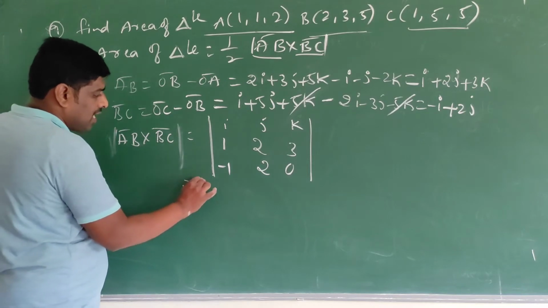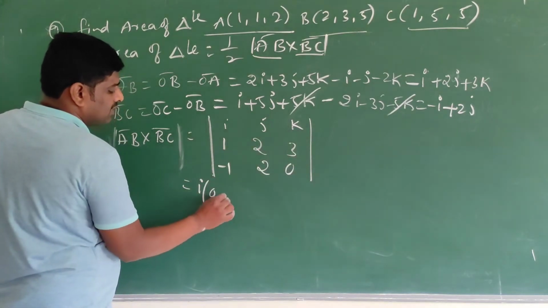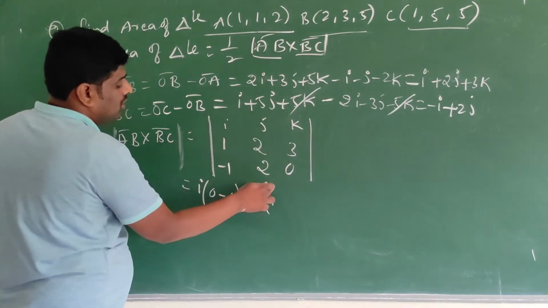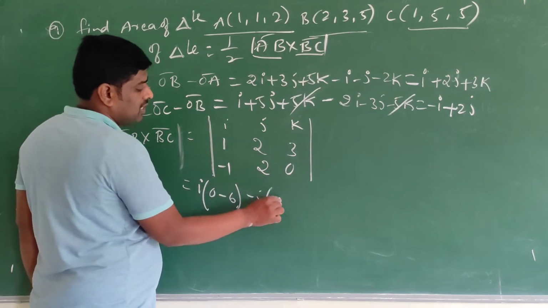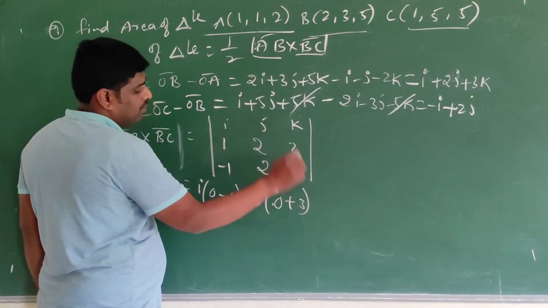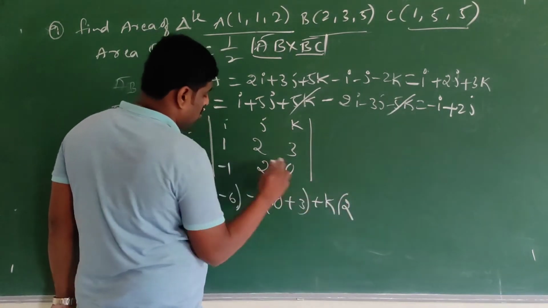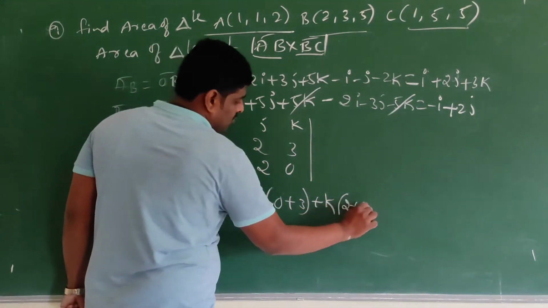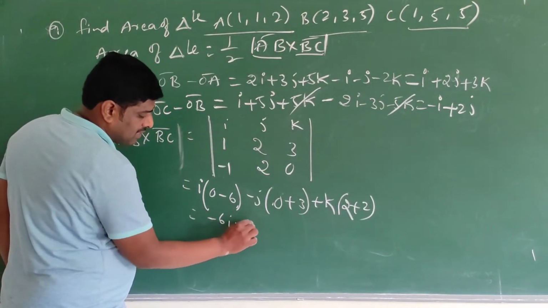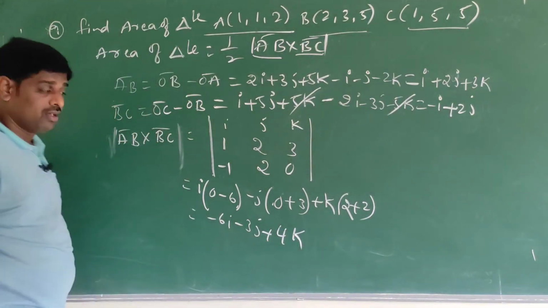That is I into 2 zeros are 0, 2 threes are 6, minus J into 1 zeros are 0 minus 1 into 3, plus 3, plus K into 2 ones are 2, 2 ones are 2, plus 2. That is minus 6I minus 3J plus 4K.